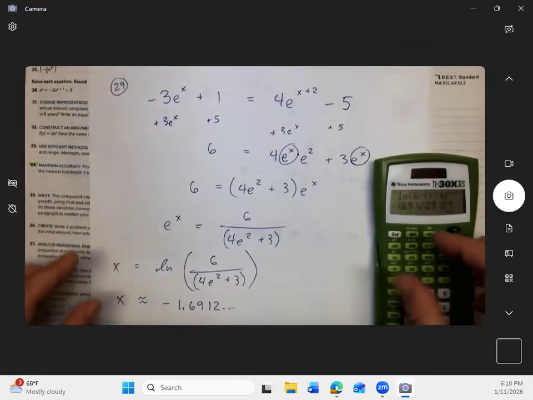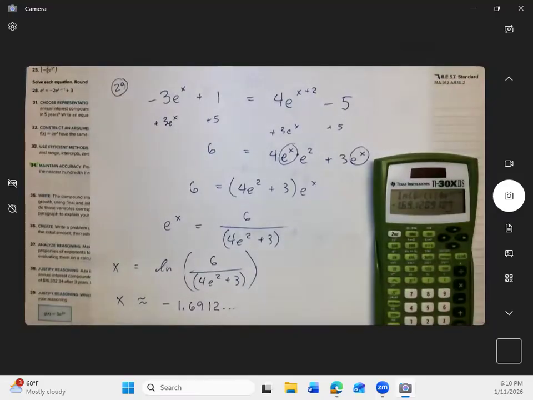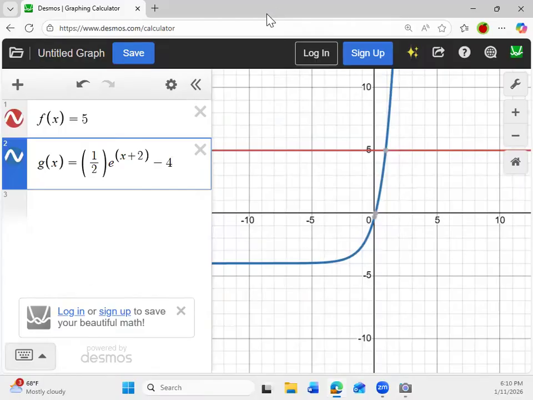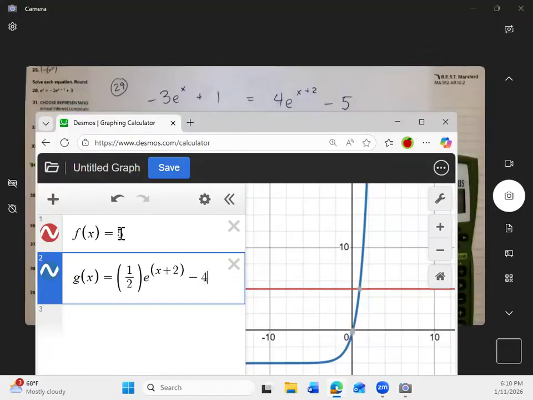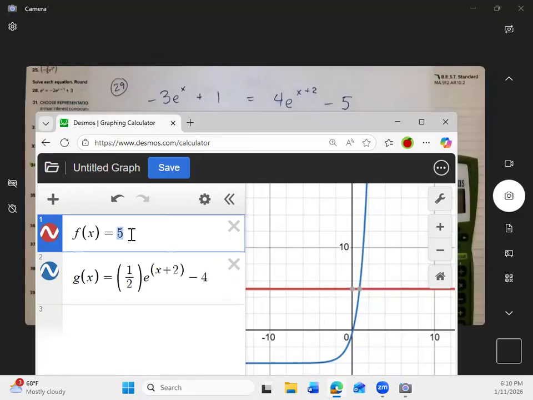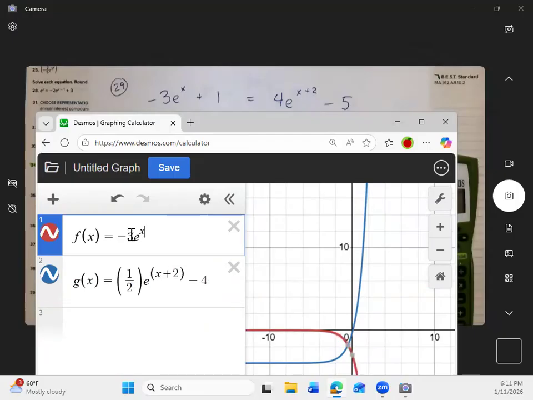All right. How about if I plug each of these functions into Desmos? Desmos time. So I'll call the left side f of x and the right side g of x. So negative 3e to the x and the whole thing plus 1.